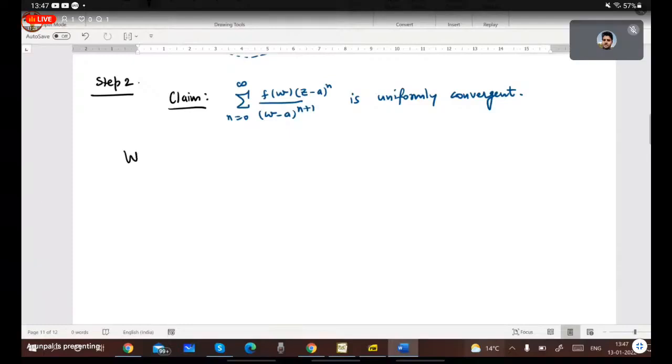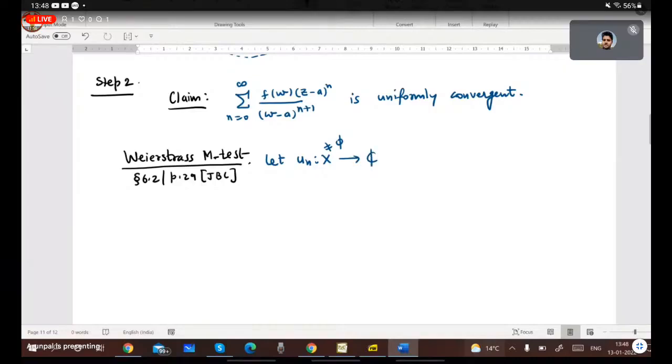So we shall be making use of Weierstrass M-test class, which is section 6.2 at page 29 of your book, J. B. Conway. It says: let u_n from X be functions, where X is just a non-empty set.